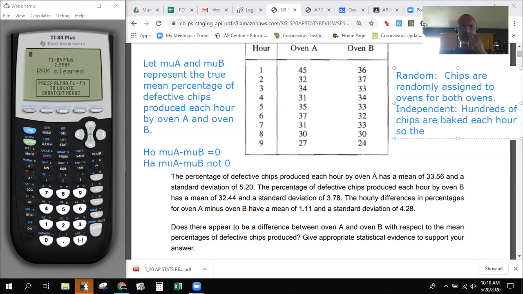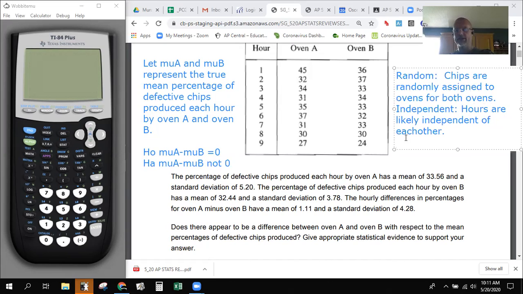Now what I don't have here is independent observations, and the observations are in the hours. So we have to look at each hour. It's not sampling without replacement, so we can just say that the hours are likely independent of each other. So we're really doing a sample of hours here.